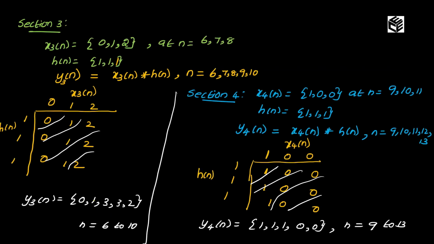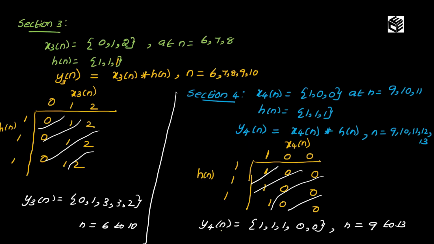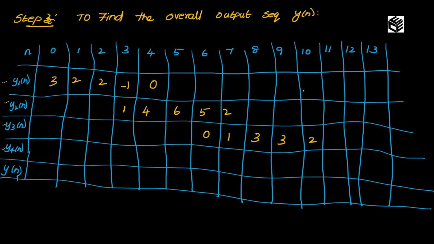Now what is my y3 of n? 0, 1, 3, 3, 2, which starts from 6. Now what is my y4 of n? y4 of n is 1, 1, 1, 0, 0, which starts from 9. Correct?